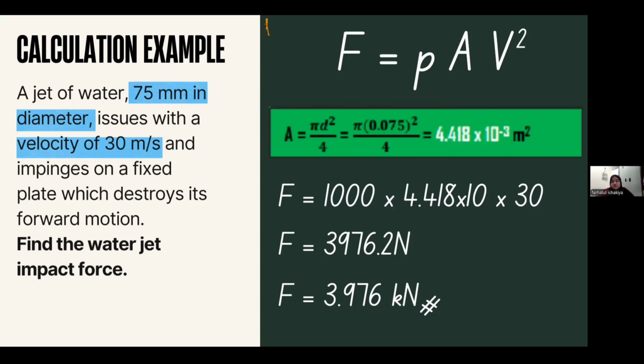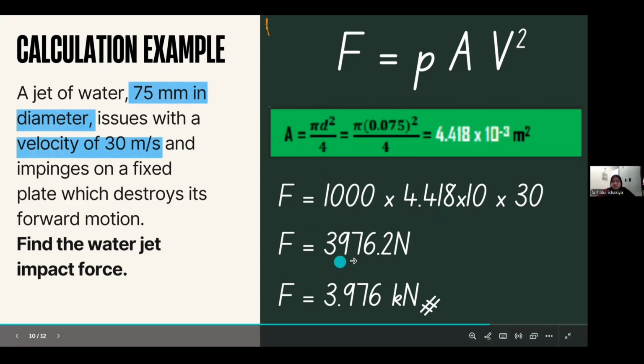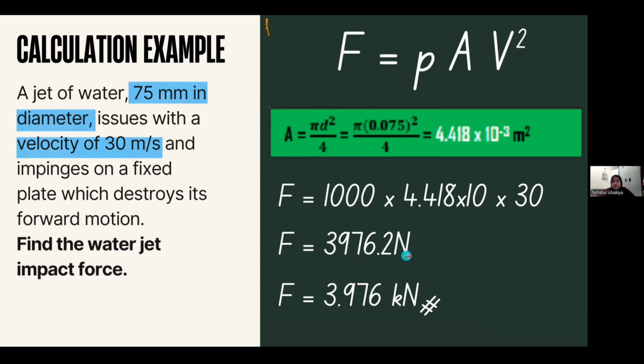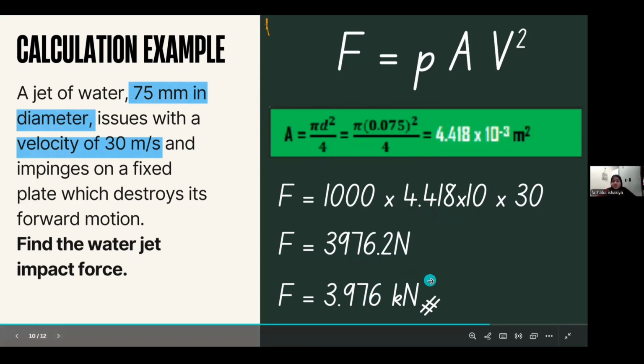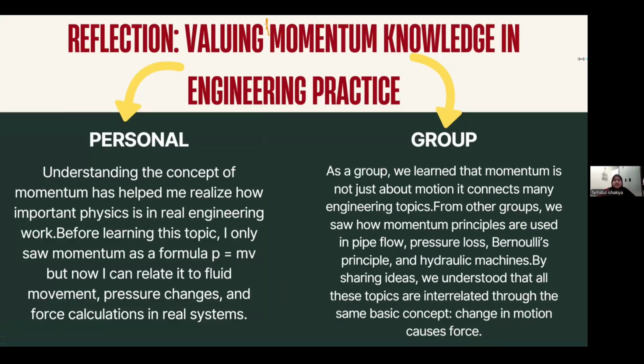Force equals 1000 times 4.418 times 10 to the power of minus 3 times 30 squared. So we're going to get 3976.2 Newton. Then we're going to change to kilonewton. We're going to get 3.976 kilonewton.